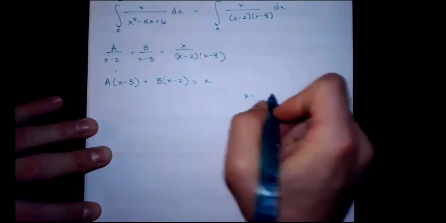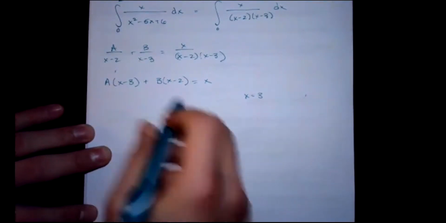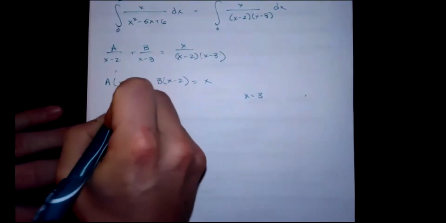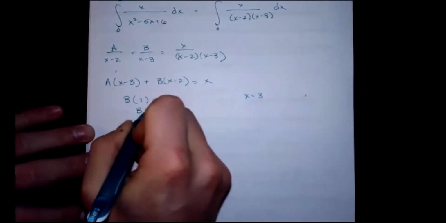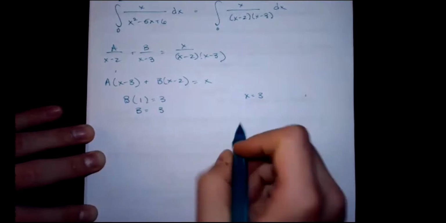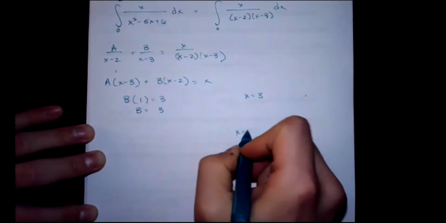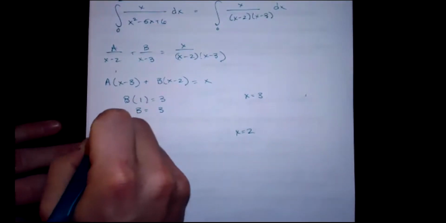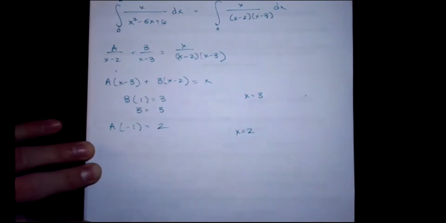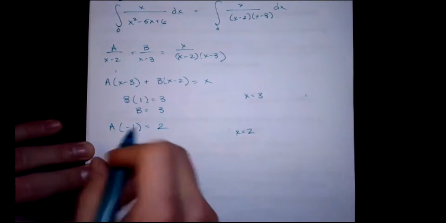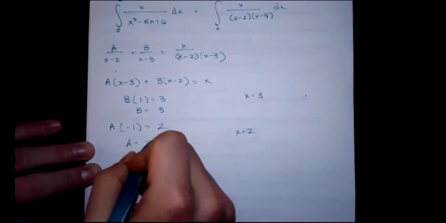We can pick specific x values. If x equals 3, we get b times 1 equals 3, so b equals 3. If we check x equals 2, we get a times negative 1 equals 2, and so a is negative 2.